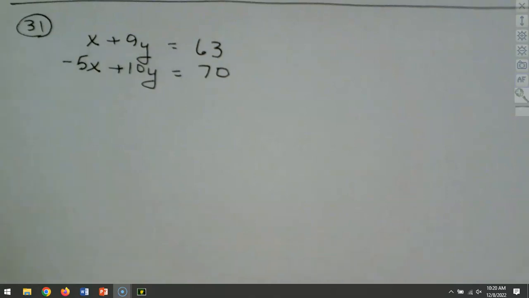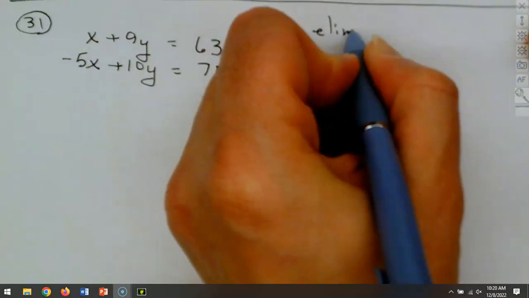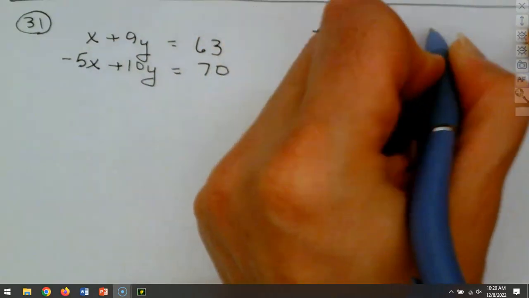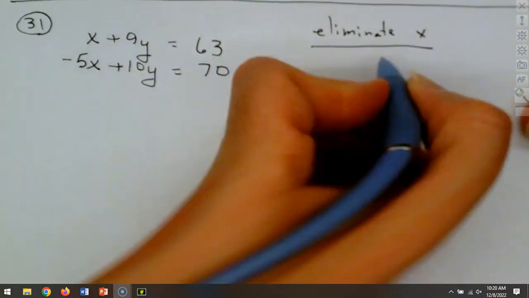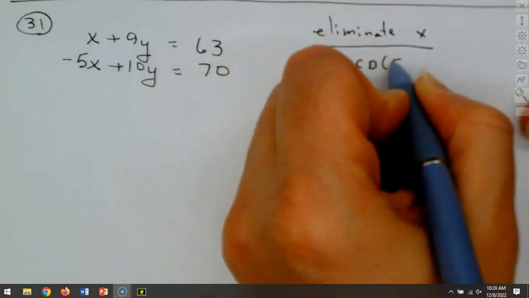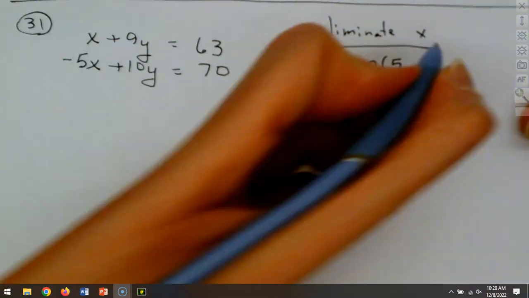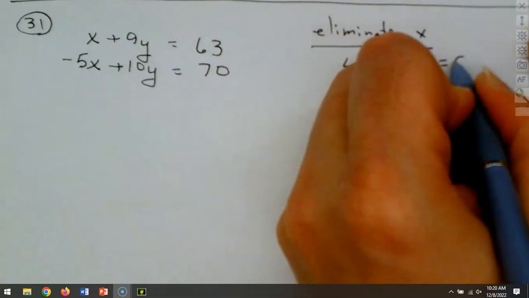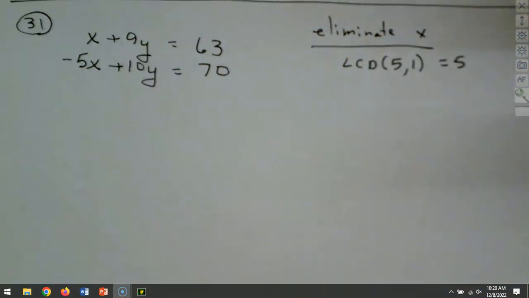Well, 9 and 10 have nothing in common, and you would have to use a common denominator of 90. And that's going to be twice as much work as using a 5. Because I'm going to eliminate X again. And the least common denominator of 5 and that 1 there, because there's a 1 there, is 5. So there's really not much to do.